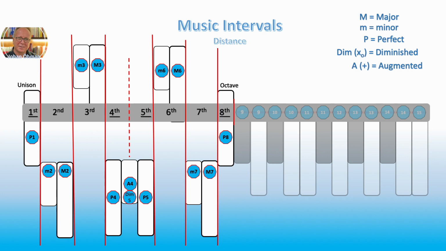And why are the 4 and the 5 both perfect? Well, think of the circle of fifths. If you went clockwise, we counted every fifth, and if we count anti-clockwise, we had every fourth, and that can help you make sense of why the 4 and the 5 are perfect. Now, in between the perfect 4 and the perfect fifth, you have the augmented 4 or diminished 5.